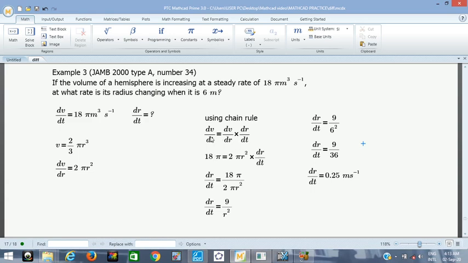When I use dV/dt equals dV/dr times dr/dt, you can see it gave me exactly what I want. The dr cancels the dr, equals dV/dt. So everything is open. Then do your substitution of values given, solve down, and you will get your answer as 0.25.